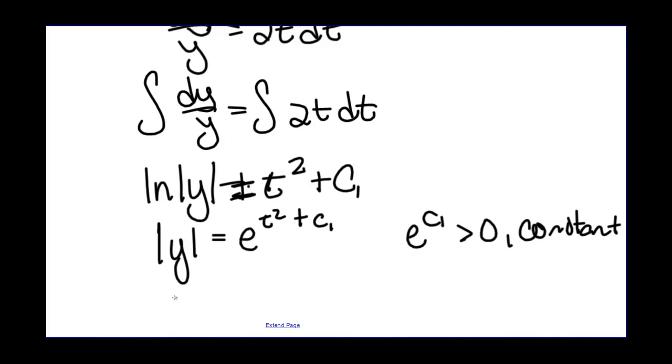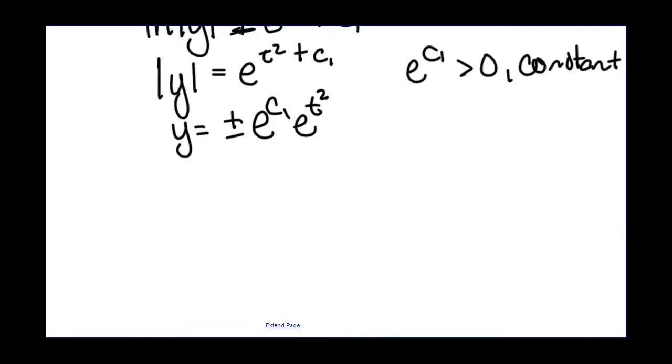So that means that y is equal to plus or minus e to the c1 times e to the t squared. So e to the c1 can be any constant except 0, and we're going to rename plus or minus e to the c1 as c. So y equals c e to the t squared.